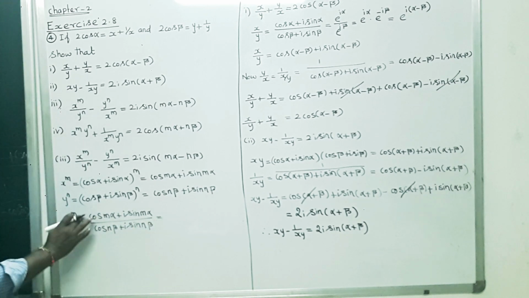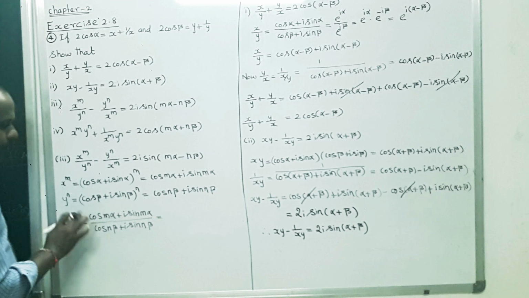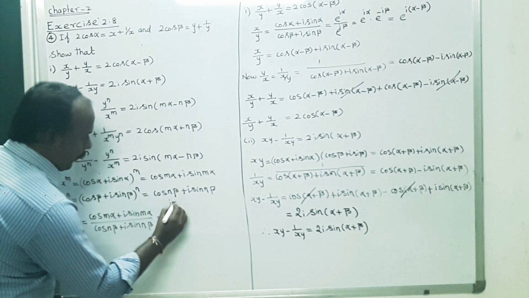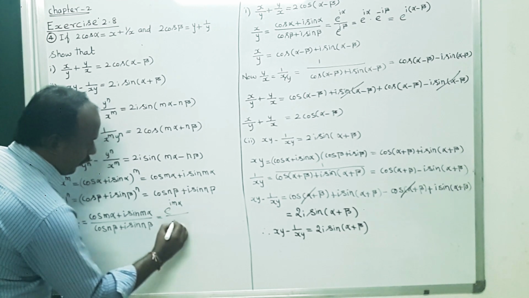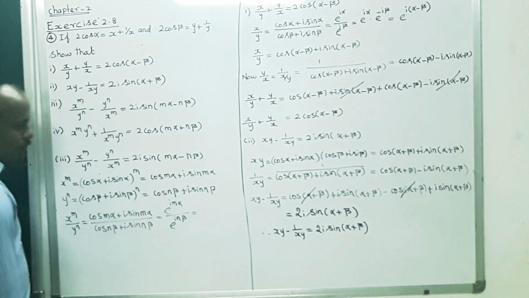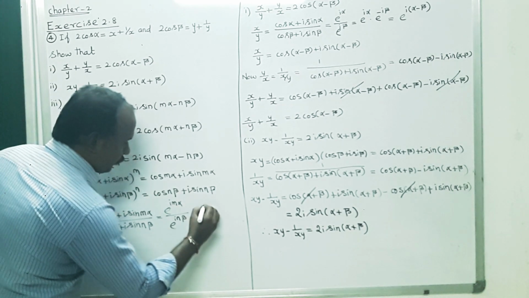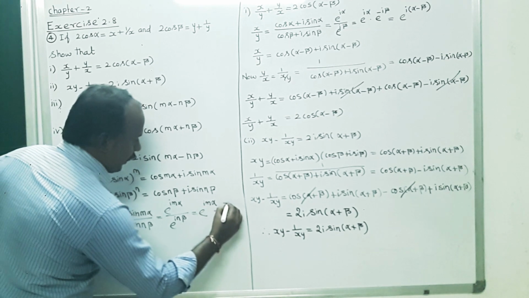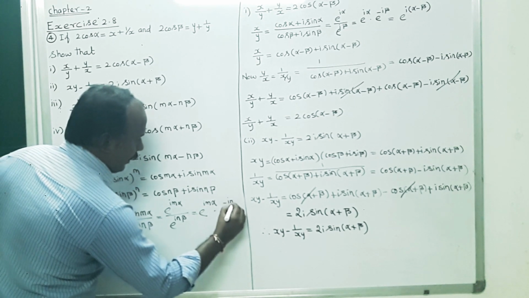is equal to this one, trigonometrical complex polar form, to convert e power i m alpha by e power i n beta. Denominator is going to numerator: e power i m alpha into e power minus i n beta.